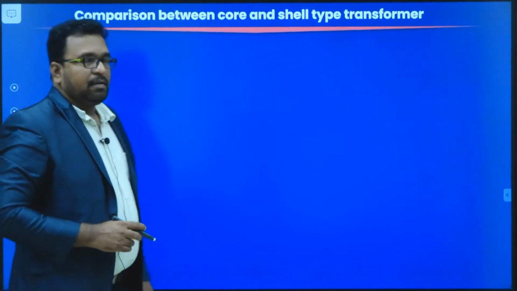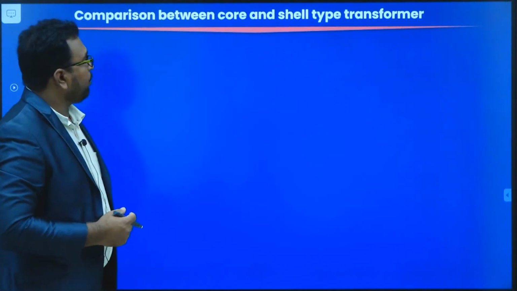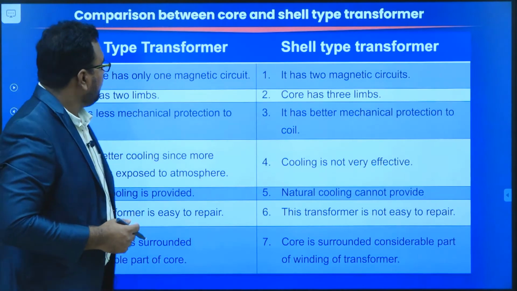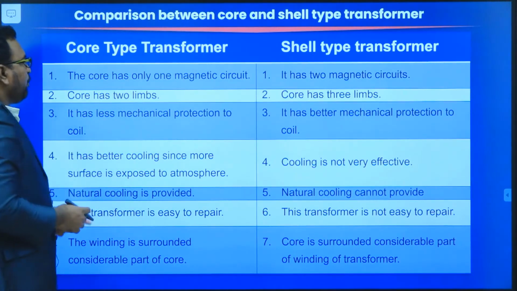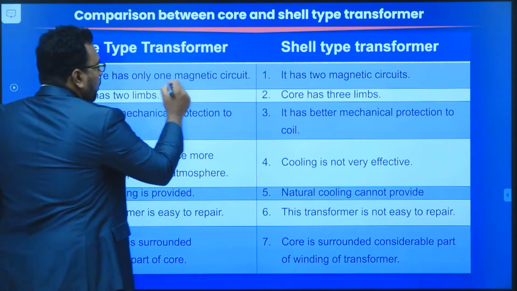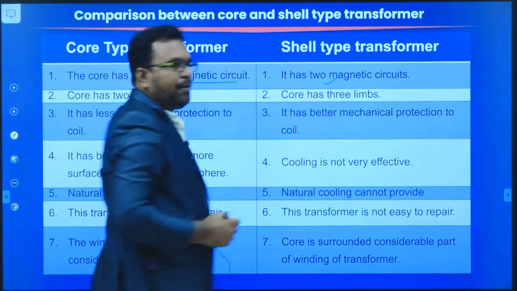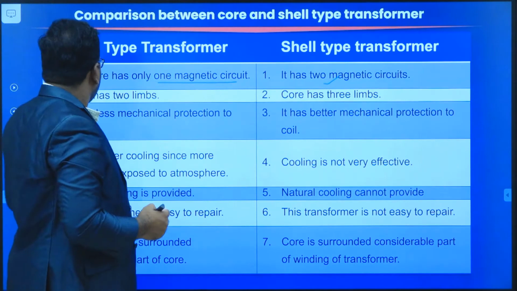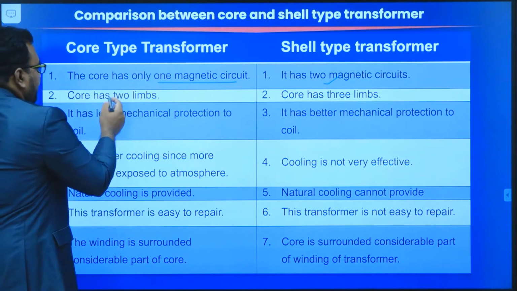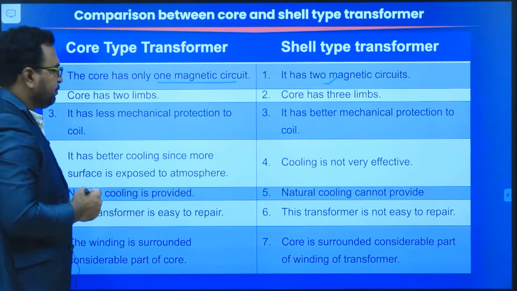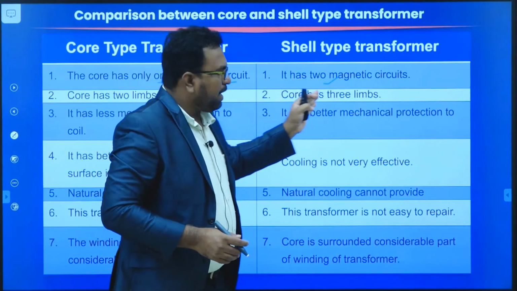Now let us compare the core type and shell type transformers. In a core type transformer, there is only one magnetic circuit, but in a shell type transformer, we have two magnetic circuits. The core type transformer has two limbs. In a shell type transformer, the core has three limbs.